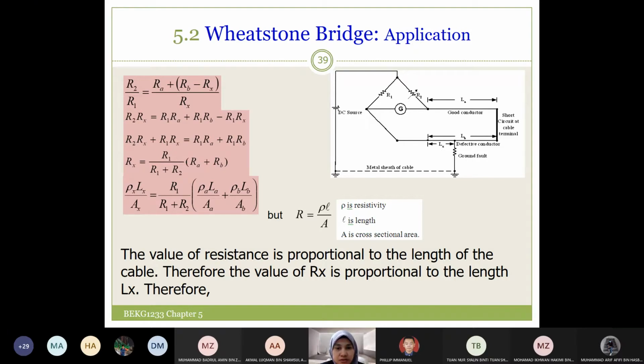Therefore, the value of Rx is proportional to the length Lx. RA is proportional to LA, and RB is proportional to LB. This is the general formula R equals rho L divided with A.